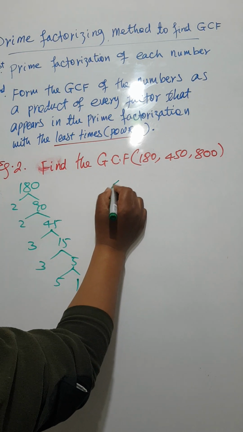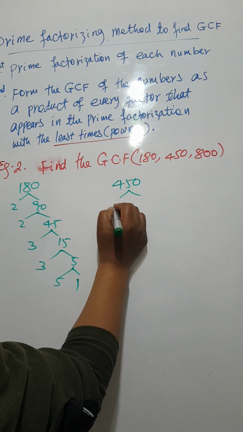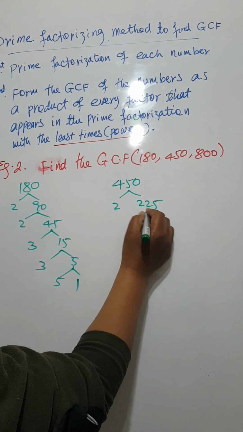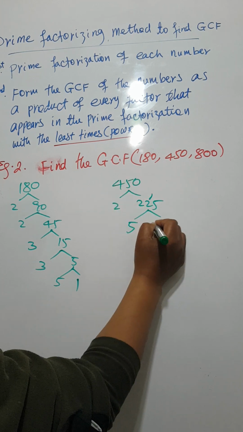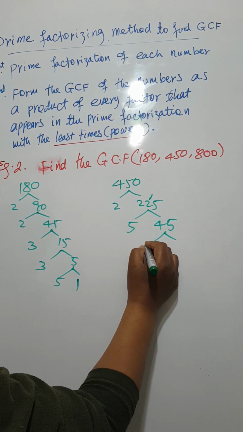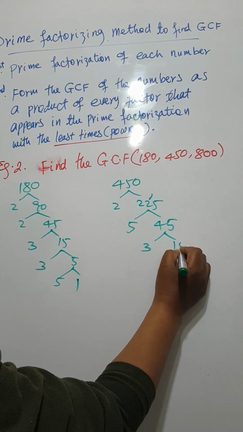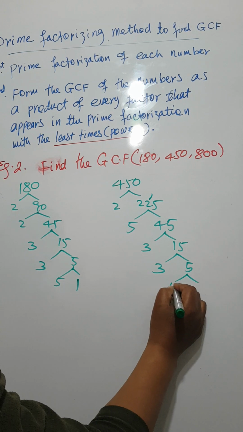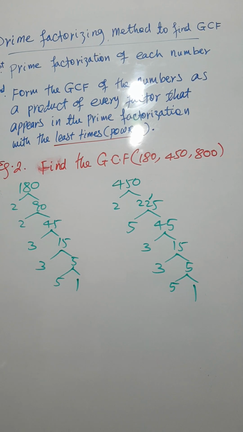And 450: divide by 2, 225 by 3, 75 by 3, 25 by 5, 5 by 5, 1.